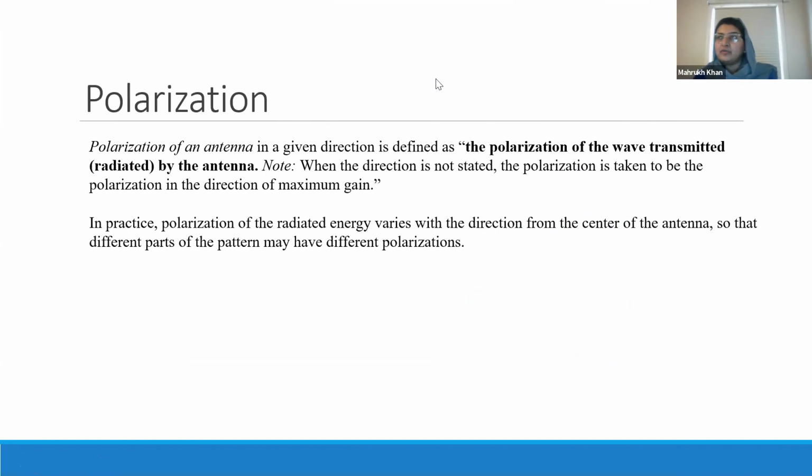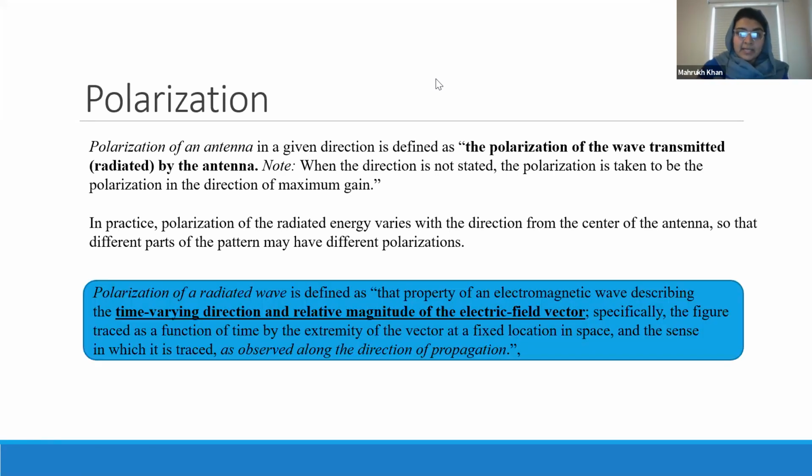Andrew raised this question before: are we talking about electric field, magnetic field, or both? We are taking the electric field as a reference. In polarization, the certain way the electric field signals orient is the polarization. We can say that with the magnetic field as well, but we have to take the reference.